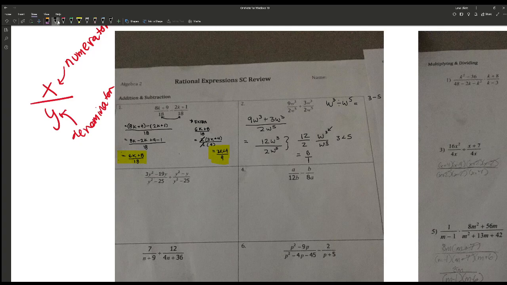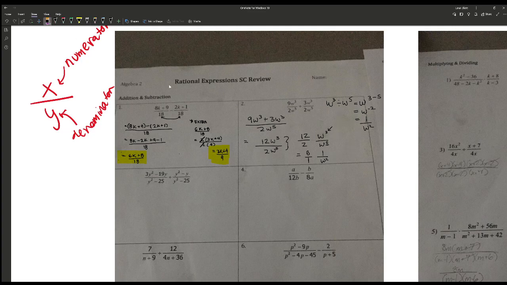But to just work with what we have here, this became w to the negative 2, which is equal to 1 over w squared. So, subbing this in here, we get 1 over w squared.